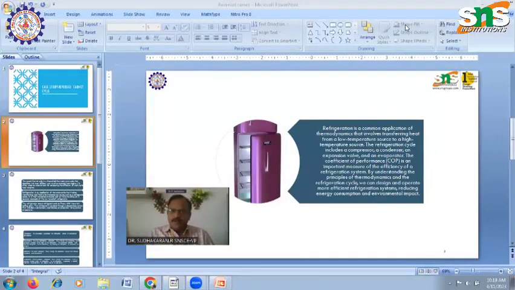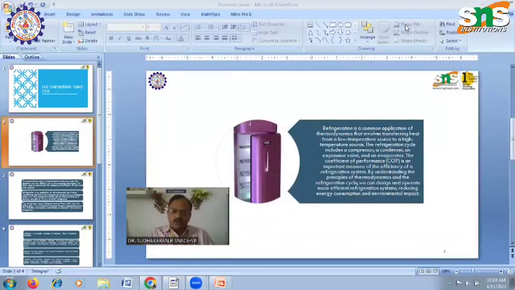The evaporator is a device which contains a number of coils wound throughout the refrigerator or throughout the space which has to be maintained at low temperature. The evaporator coil completely covers it. So the liquid refrigerant at low temperature and pressure enters these coils of the evaporator.